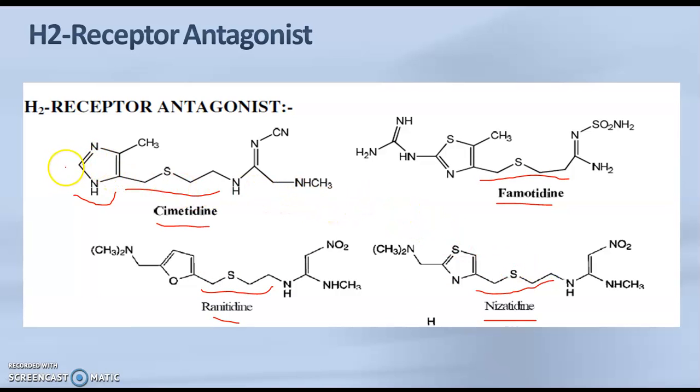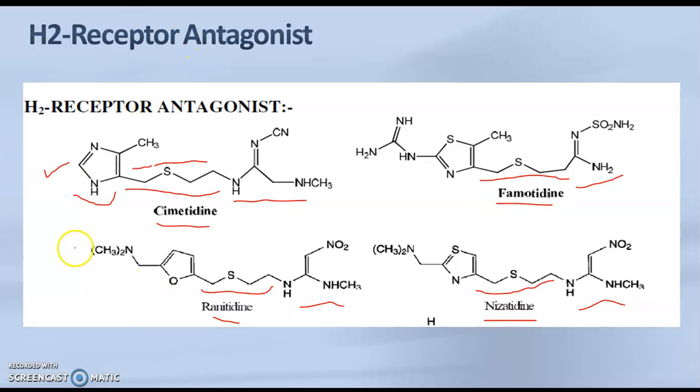So the first common pharmacophoric feature of this class is the heterocyclic ring, then it is attached to a sulfur containing aliphatic chain, and at the terminal portion you will find a basic moiety. The basic moiety is somewhat similar to guanidine. Here you can see that it is somewhat similar to guanidine, and it is also somewhat similar to urea.